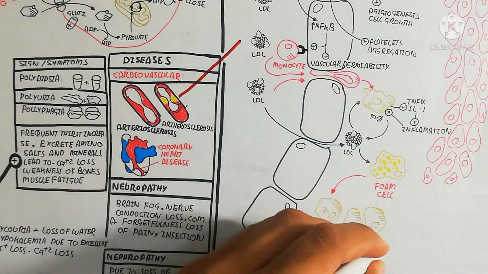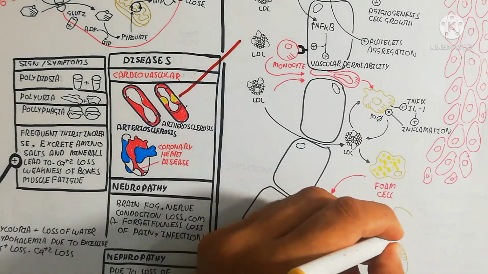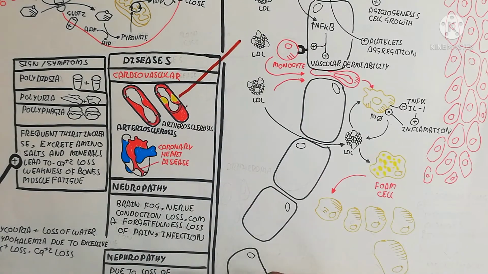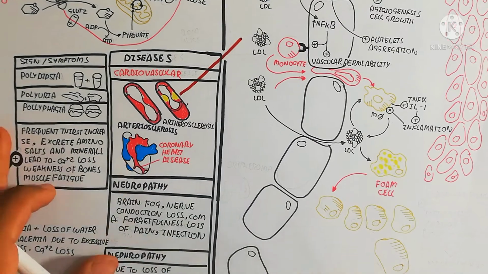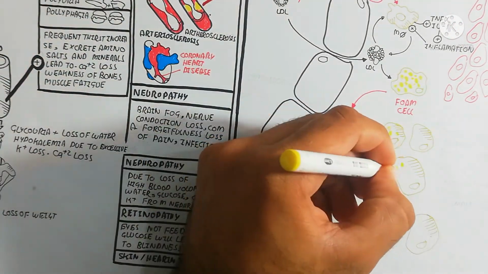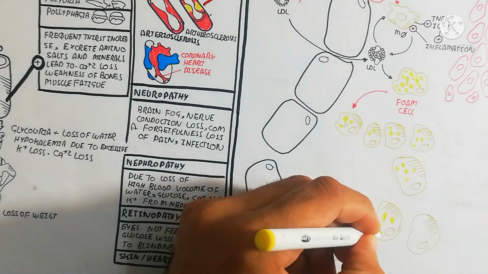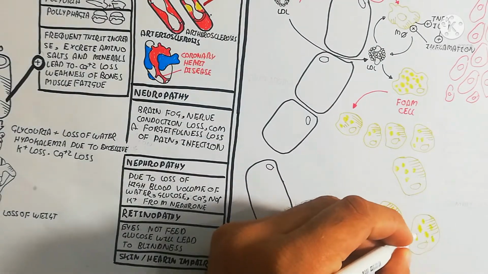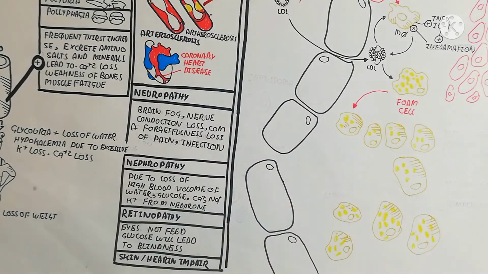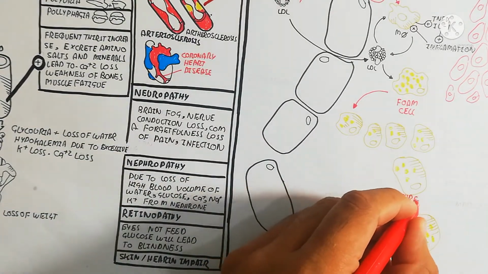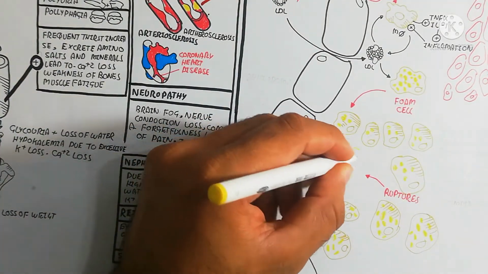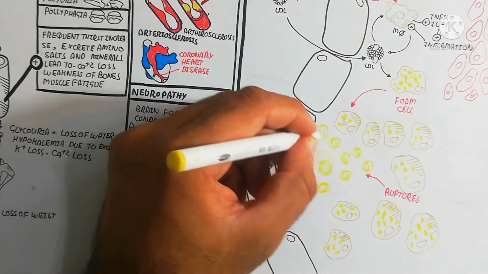This inflammation will also increase macrophages, and the macrophage engulfs the LDL, since the LDL itself produces reactive oxygen species and inflammation. This engulfing of LDL converts the macrophage into a foam cell, and this foam cell will be stored in the tunica intima between the tunica media and the endothelium.